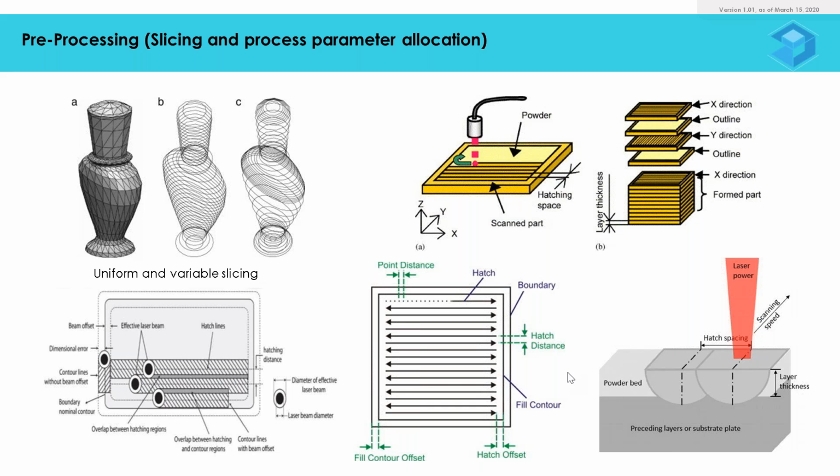So how you are exposing energy, be it a laser or any other kind of energy to change the material properties, how those parameters are to be chosen so that you get a better dense quality part. That is being illustrated with these schematic drawings.